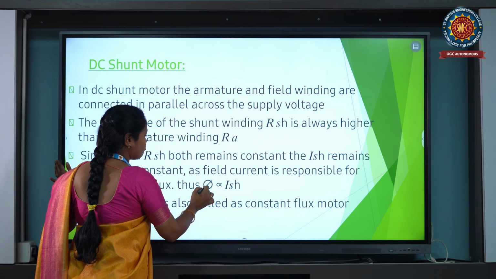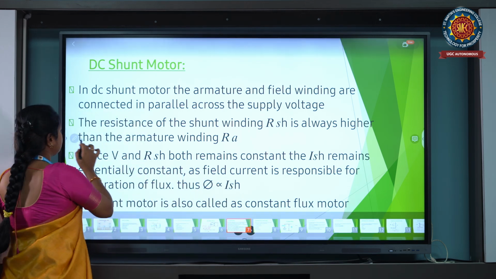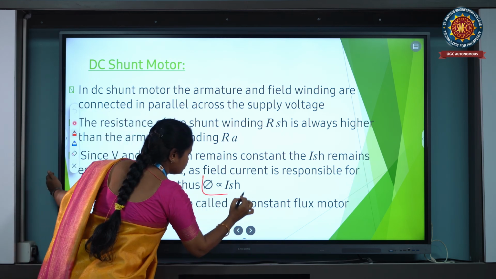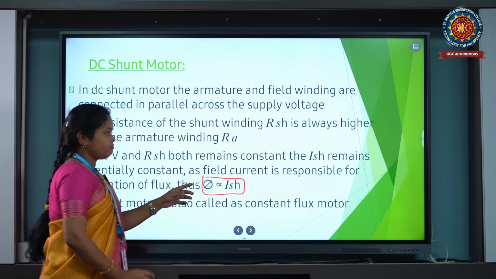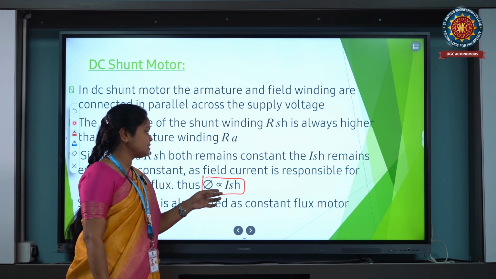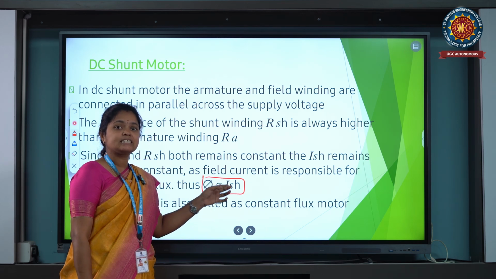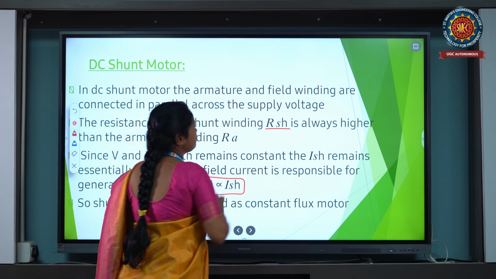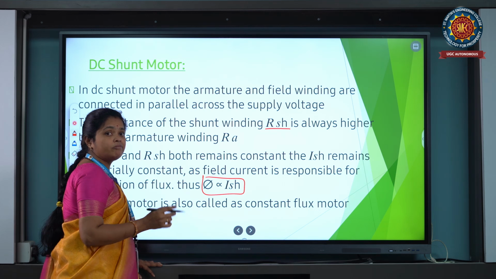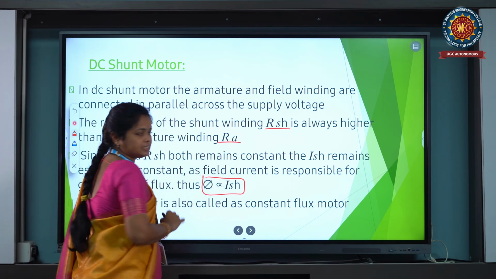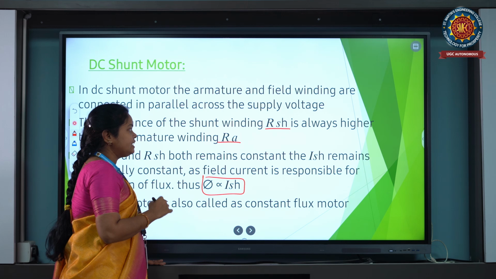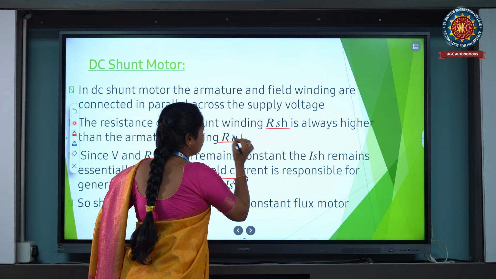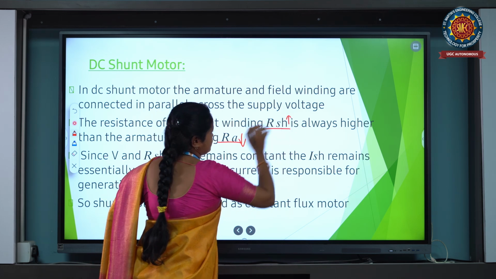Because here the flux is directly proportional to ISH, the shunt field current. And also the resistance in the field winding is always greater than the armature resistance, because the armature resistance is very low compared to RSH.